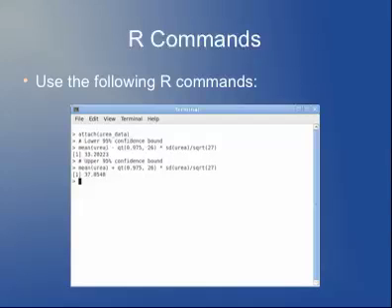So if we say mean urea minus the appropriate quantile of the t-distribution times the standard deviation of urea divided by the square root of 27, that gives us the lower 95% confidence bound, which is about 33.2. To get the upper 95% confidence bound, we do the same thing, only we go plus the quantile times the standard error, and we get about 37.05 for the upper 95% confidence bound.